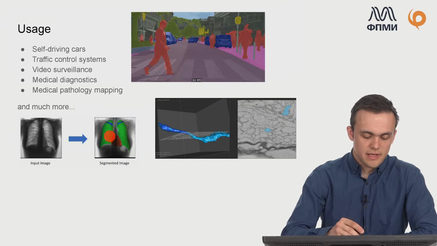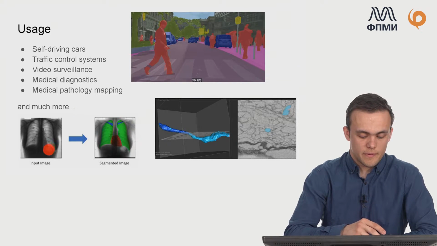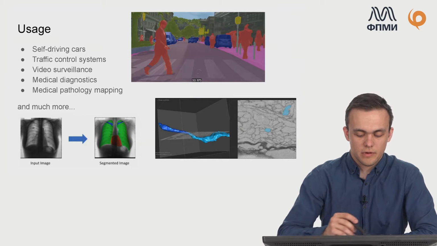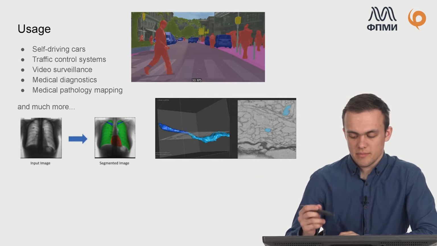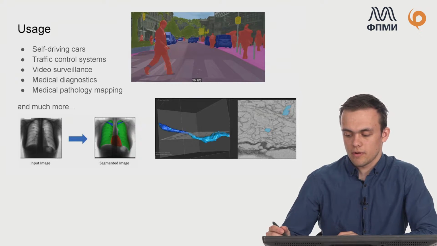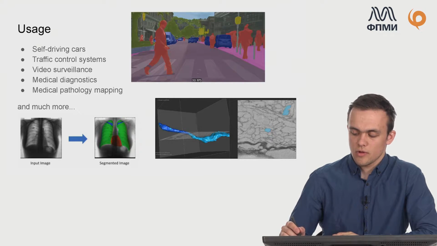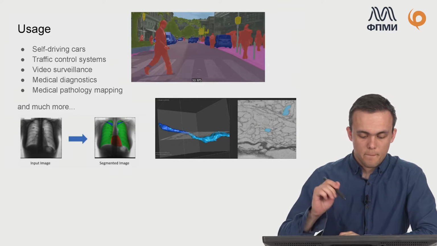So you can here see the X-ray image of the lungs of a human and the segmented image where all the organs are mapped. And here is a scan of a retina, and these all are cells. So basically here the task is to determine different cells.